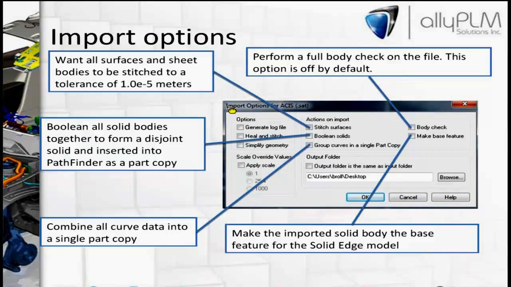Notice we also have down below the scale override values, and that's just saying you want to apply a scale to this model. You also have the output folder option, and you can set that to either be the same as the input folder where you're getting the file from, or you can set it to a different folder on your computer.